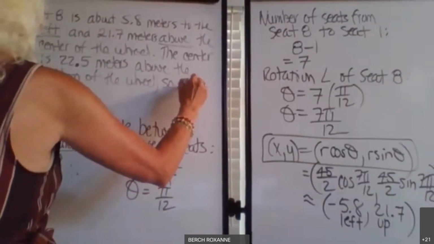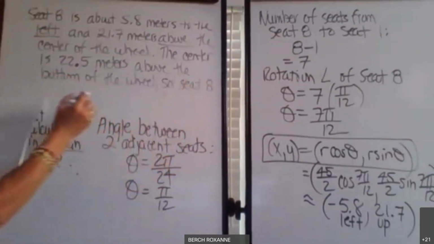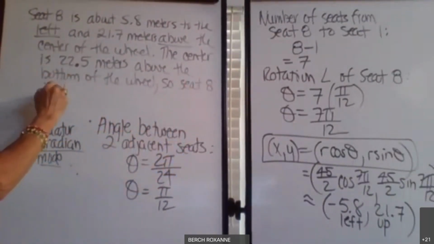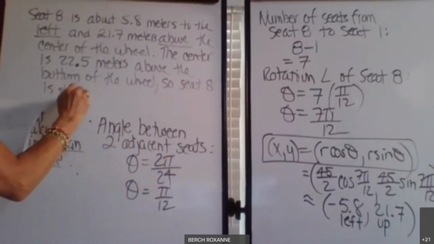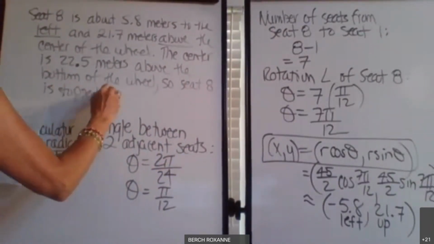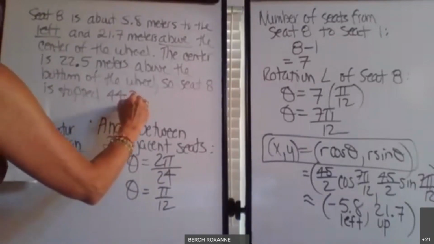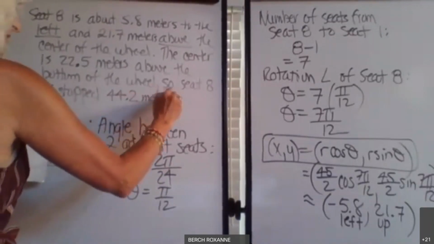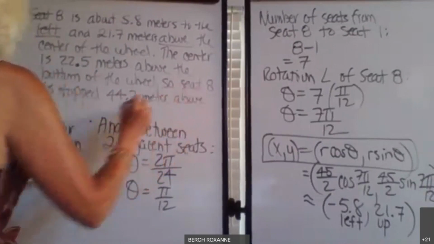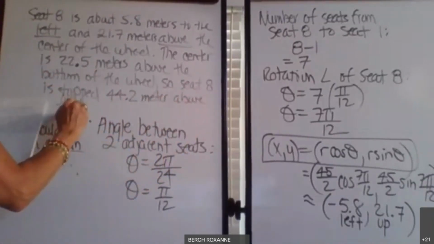So seat 8 is at the top, 44.2 meters above the bottom of the wheel.